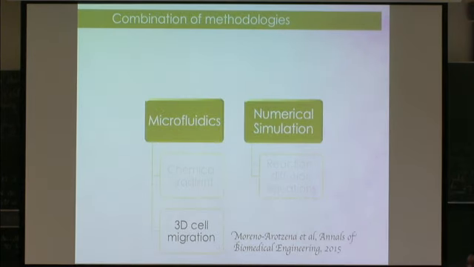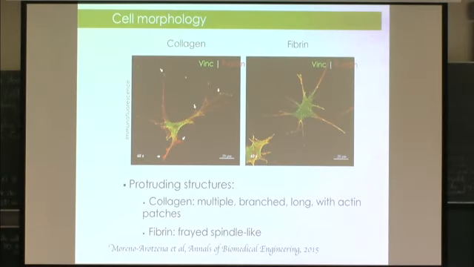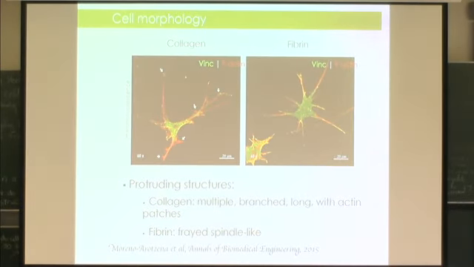After that, we quantified the migration of cells. First of all, we analyzed using immunofluorescence the distribution of the protrusions, the dendritic structure, in both cases. In the case of collagen, we have multiple branches with actin patches. However, in fibrin it is more of a spindle-like structure.